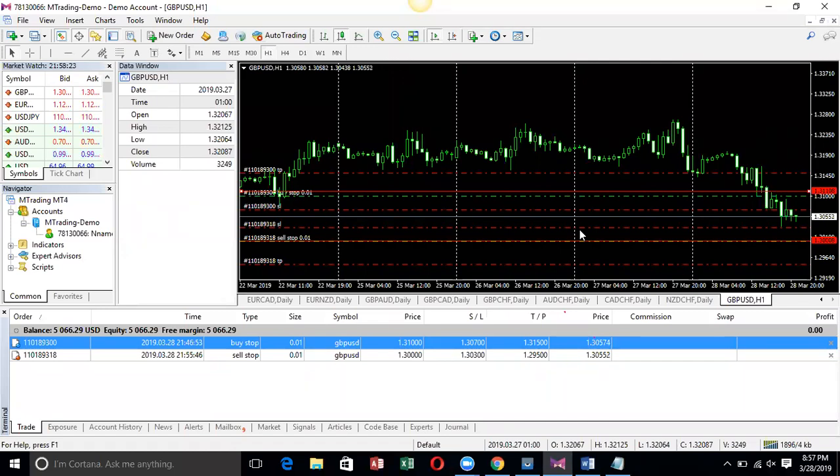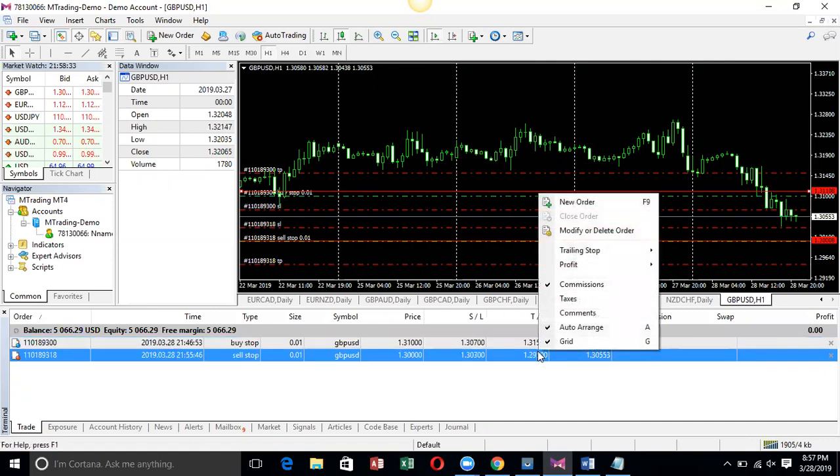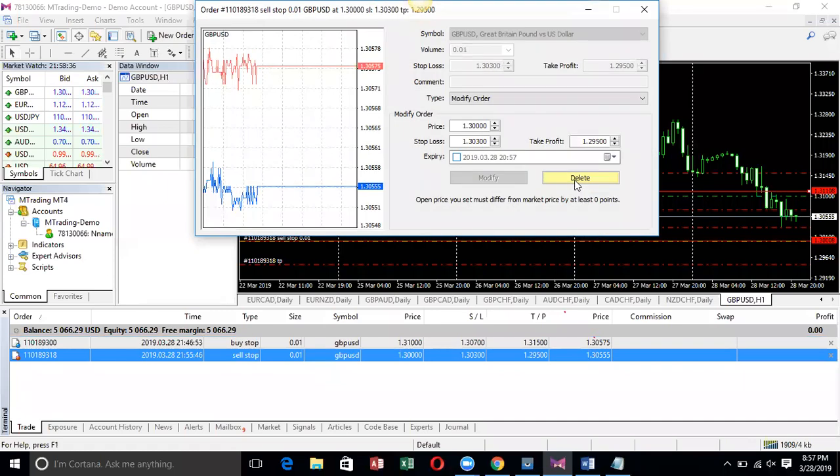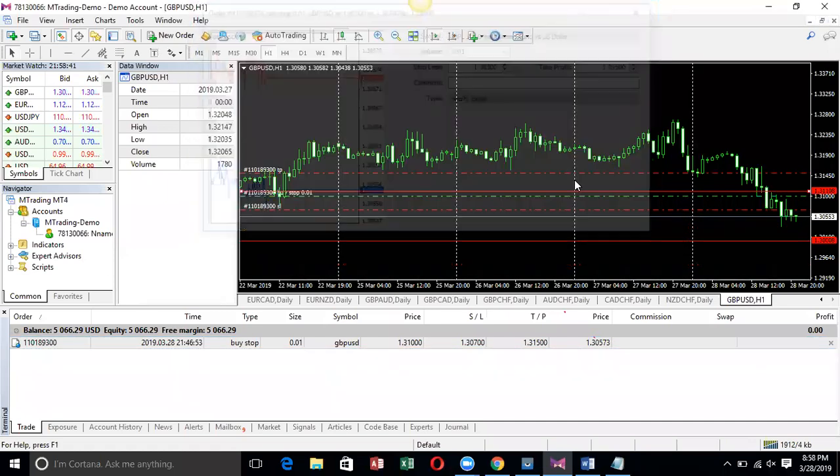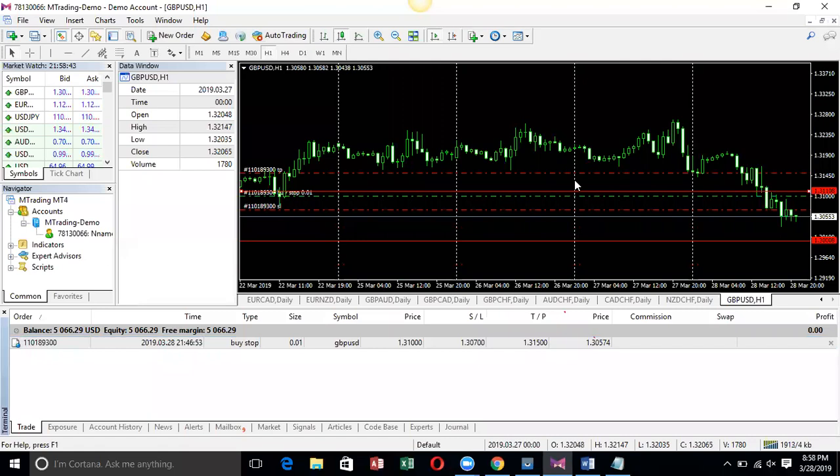If you don't want this pending trade that you placed, how do you remove it? Like I said before, you right click on modify or delete. Once you click on delete, the trade is deleted. You are not losing anything because the trade was never executed.